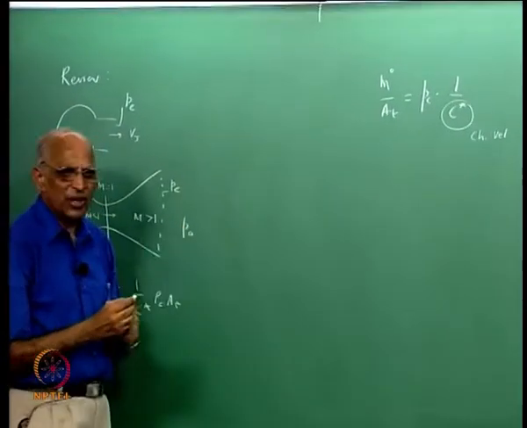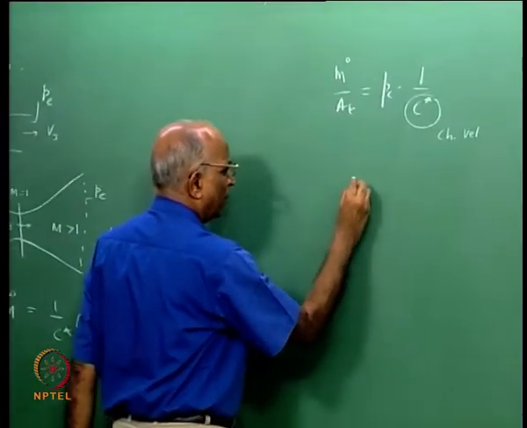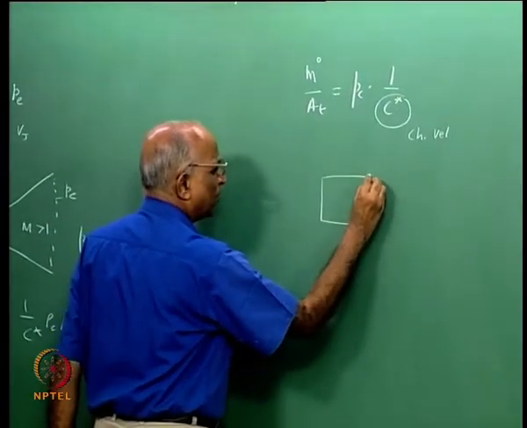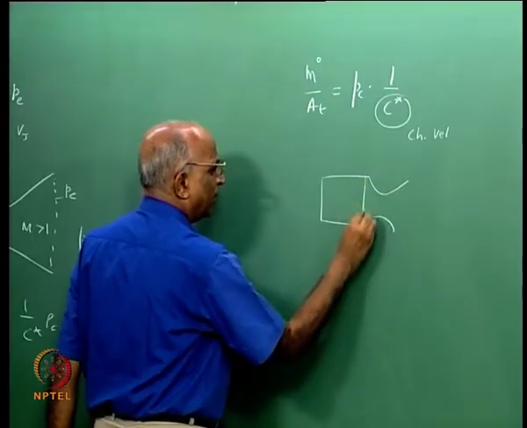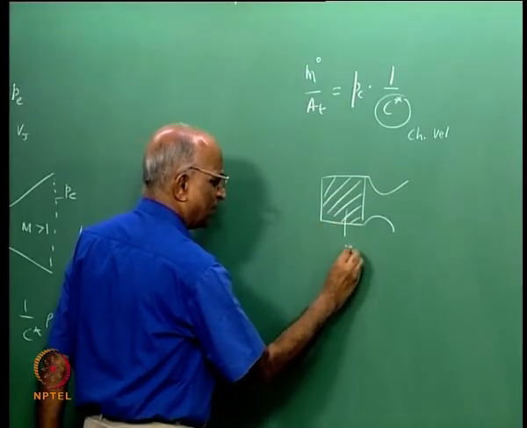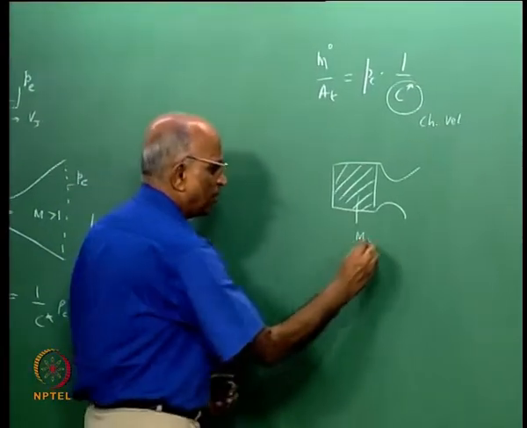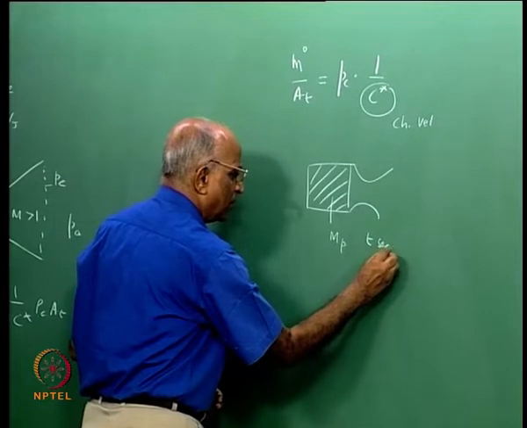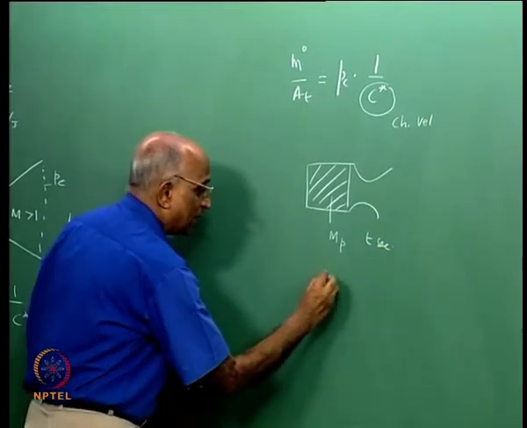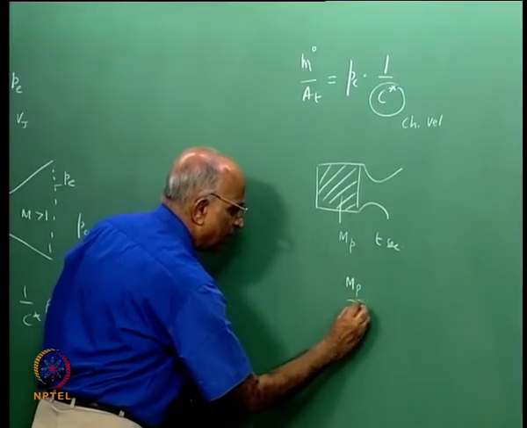Let us take one example just to clarify things. Suppose I have a rocket, and I put propellant in it. The mass of propellant I have in the rocket is, let us say, mp. Let the rocket fire steadily for a period of t seconds, then I know that the mass flow rate through the nozzle is equal to mp divided by t.